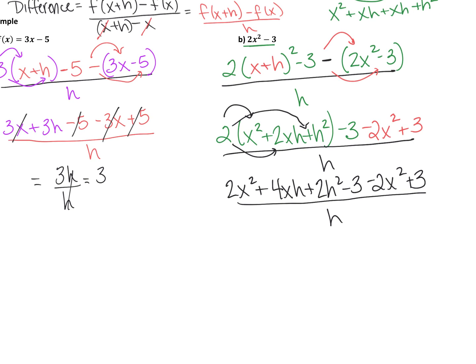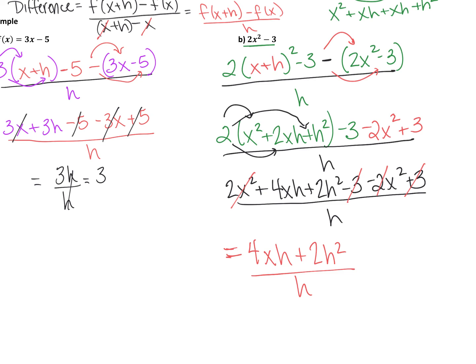And remember, things should start to cancel at this point. So we have 2x squared canceling. We have positive 3, negative 3 canceling. And the only terms I have left all involve an h. So we have 4xh plus 2h squared, all of that divided by h.